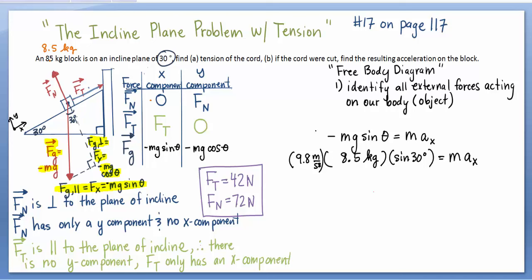And let me be politically correct and put that negative there. And so we get a negative 42 newtons equals, we can put that mass back in, 8.5 kilograms times the acceleration in the x direction. And we can divide both sides by 8.5 kilograms.